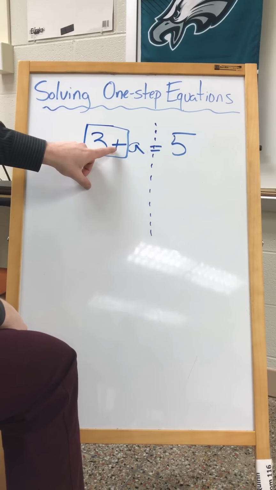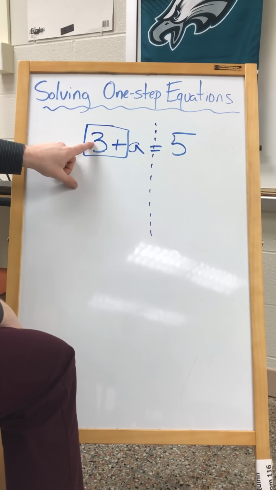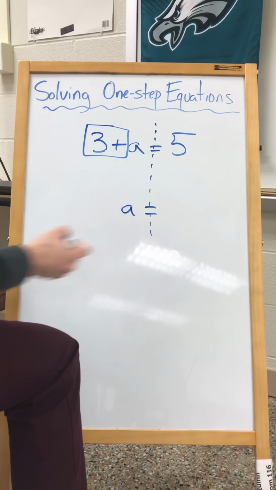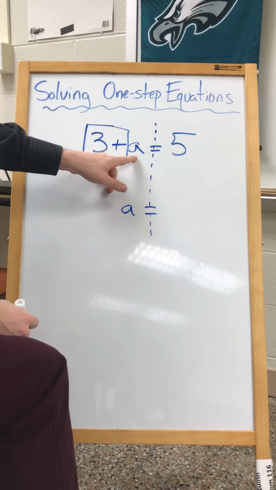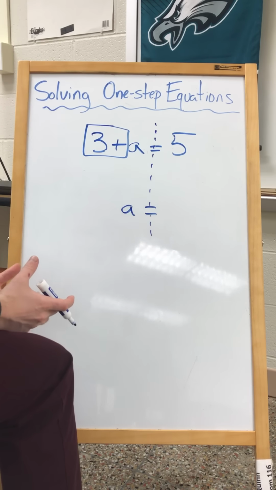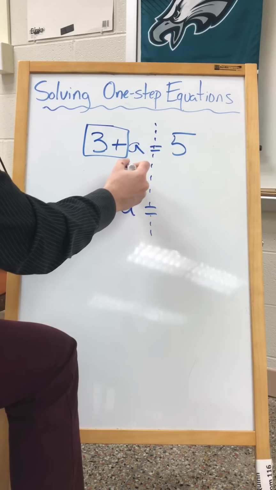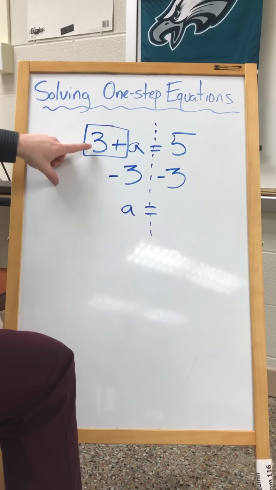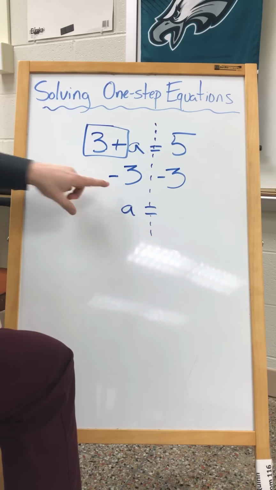I see that I'm adding 3. I need to end up knowing what A is equal to. So in order to get A by itself, in fancy terms, isolating the variable, I need to do the opposite of what's being asked, which means I need to subtract by 3.